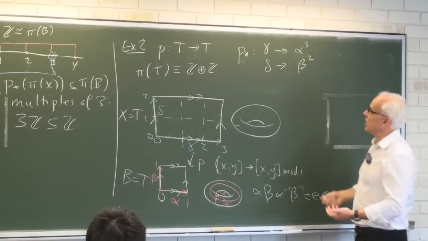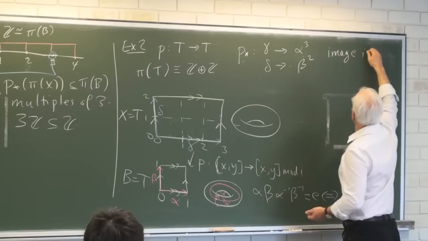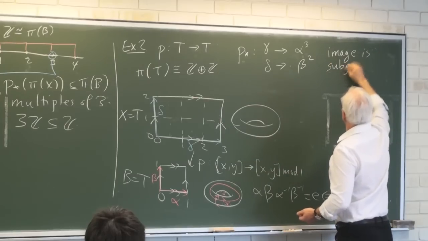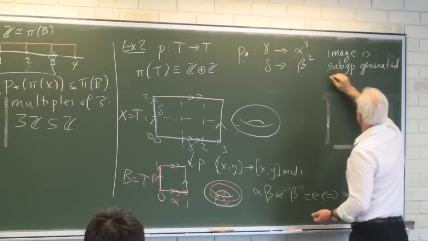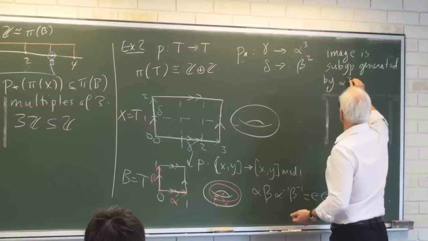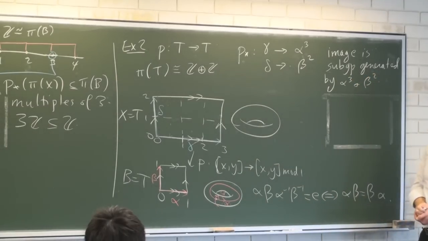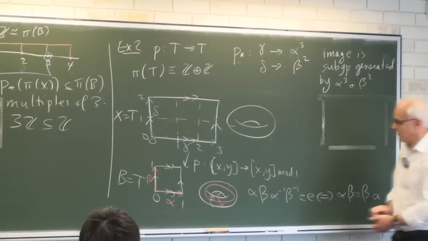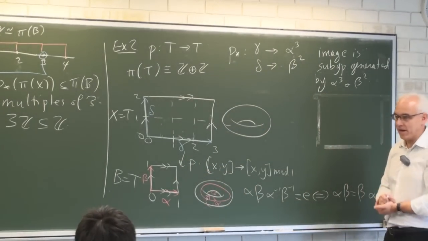So the image is the subgroup generated by alpha cubed and beta squared. So this is all words in alpha and beta, commuting words in alpha and beta.